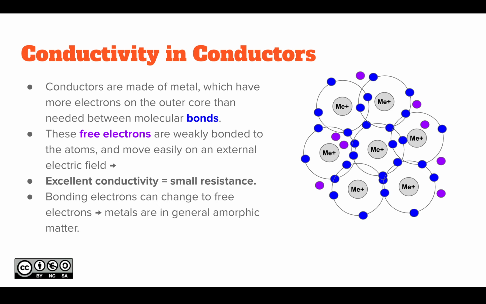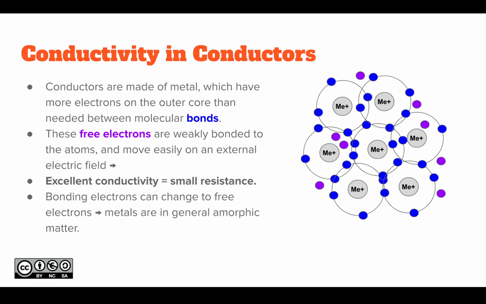However, on metals, there are more outer core electrons than are needed for making those bonds. That's why there are free electrons, meaning they are weakly bonded to the atoms. Fundamentally, they are bonded only by the weakest force, the electrostatic force between the positive center and the negative electron.